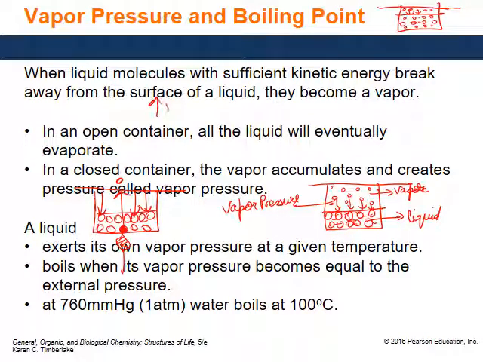Which means the higher the vapor pressure exerted by a liquid, the weaker would be the force of attraction. Weaker force of attraction means lower would be the boiling point.